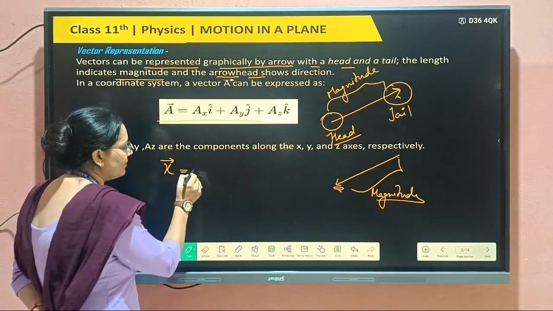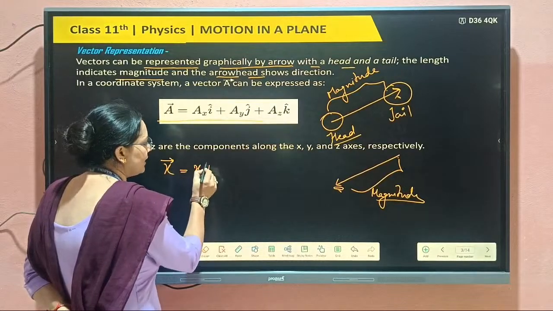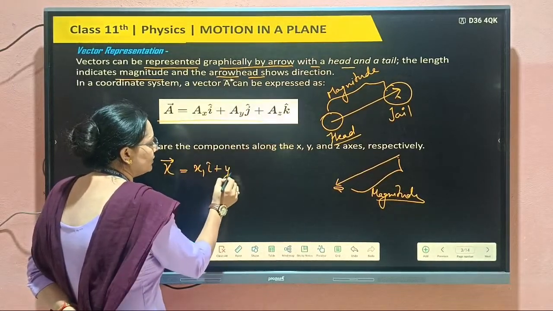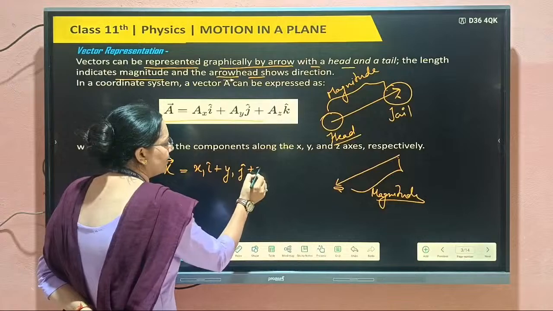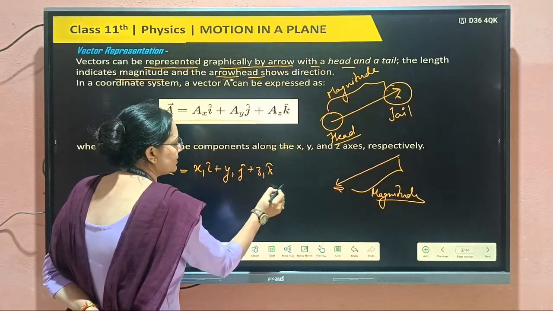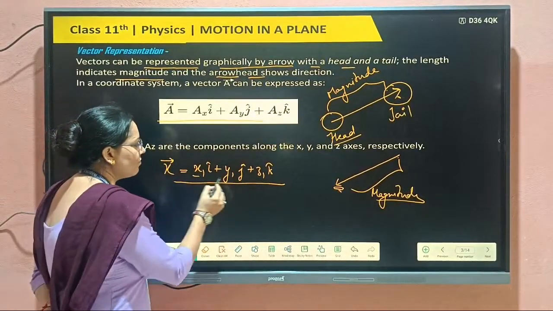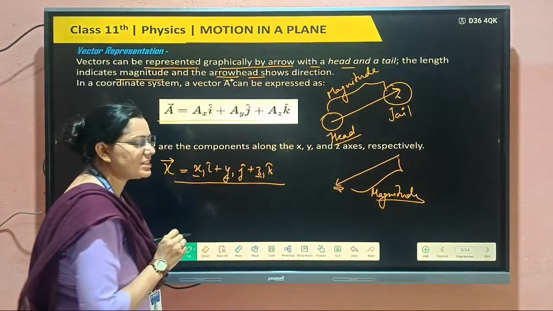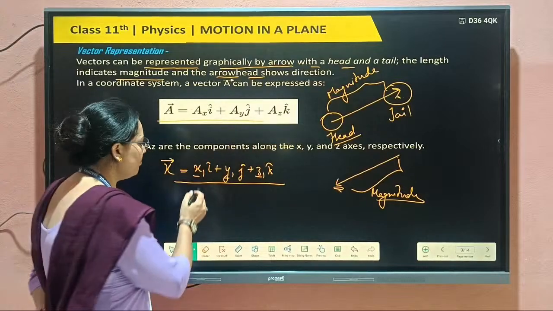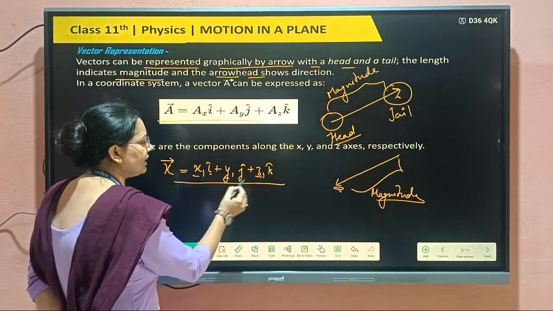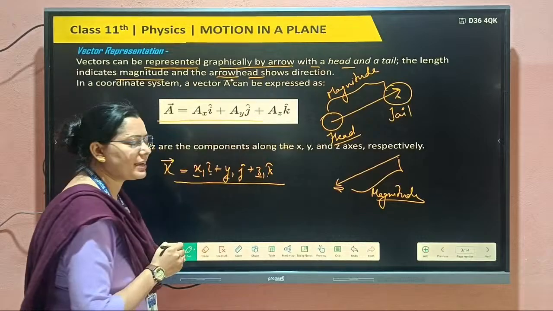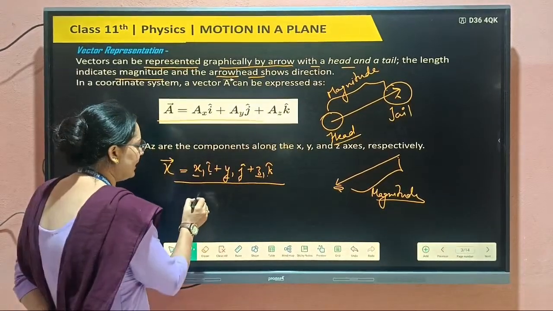Okay, and here we can write x1 i cap plus y1 j cap plus z1 k cap. Okay, this is a representation of any vector. Here x1, y1, z1, these are the magnitudes of the vector, and i cap, j cap, k cap here indicate the direction.